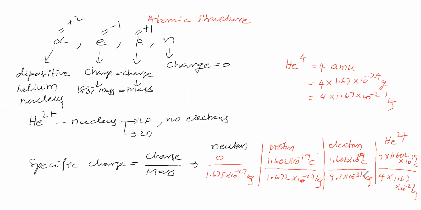Therefore, how will this specific charge be? Suppose if you take 9 as 10, then it becomes 10 power minus 30. 10 power minus 30 means this denominator is 1000 times smaller than this denominator. Similarly, this denominator is 1000 times smaller than this denominator. So, how will the electron specific charge be?